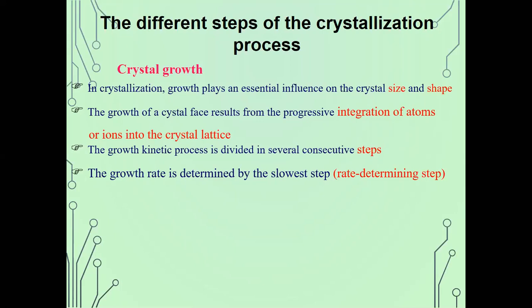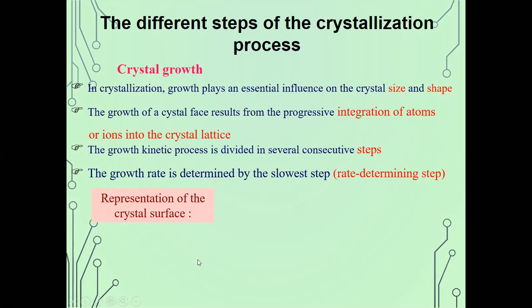So it is always the slowest part of the procedure that is the determining factor in how much time it takes to produce anything. So it's the same thing with crystals. The growth rate is determined by the slowest step in the process.